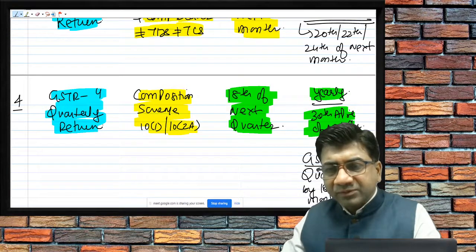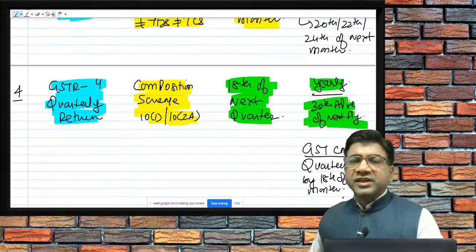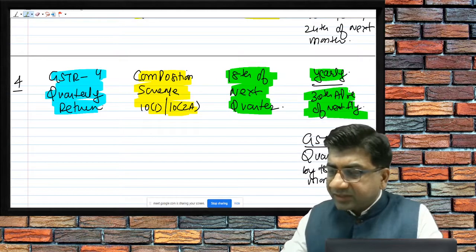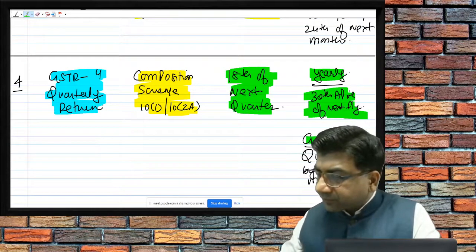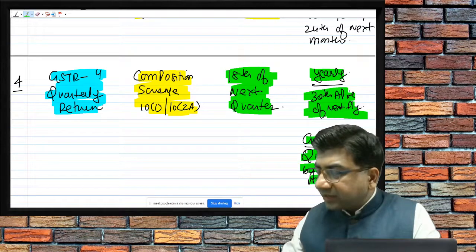They have to file GST CMP 08 quarterly, by the 18th of the next month.